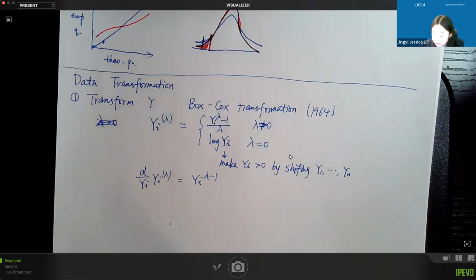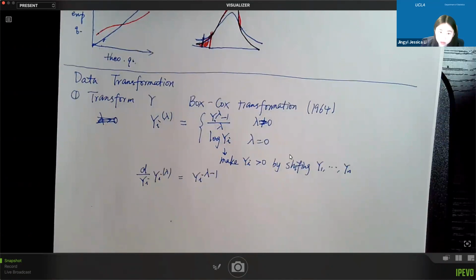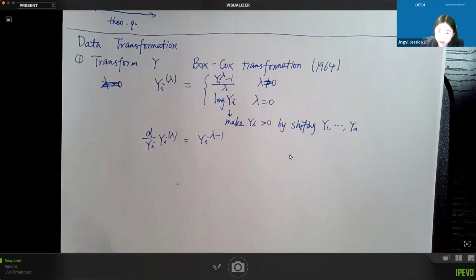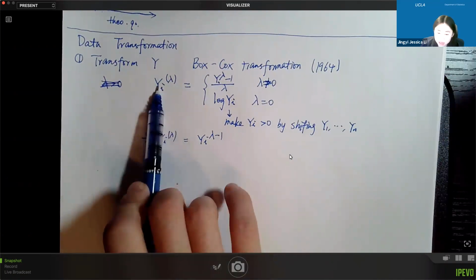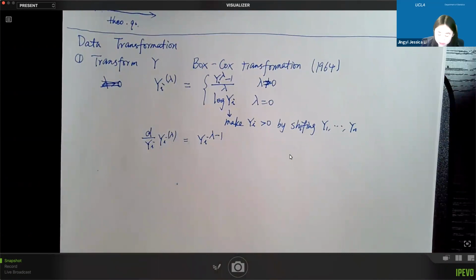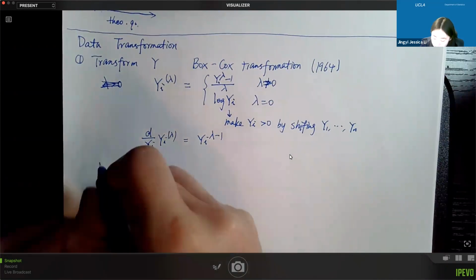So you can see you have many power transformations that can be applied to the response. Given a transformed y, our linear model is going to be about y_i^(lambda) instead of the original y_i.